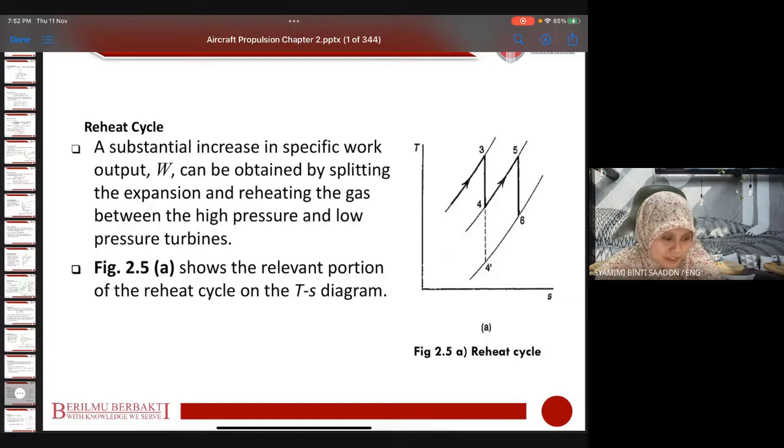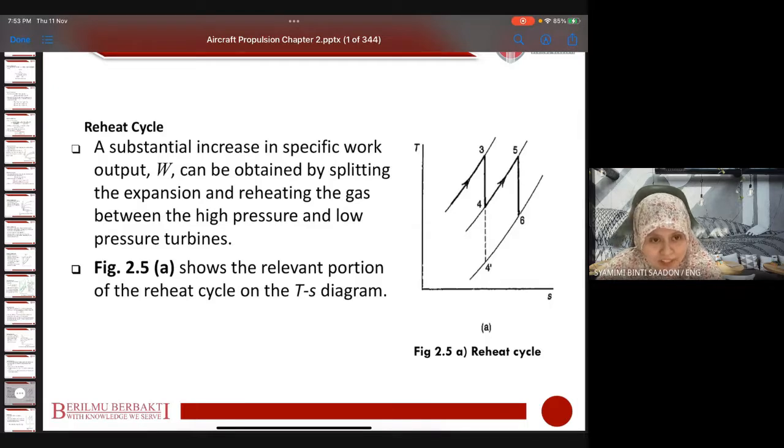In a reheat cycle, a substantial increase in specific work output can be obtained by splitting the expansion and reheating the gas between the high pressure and low pressure turbine. So we modify the cycle and apply this reheat method.